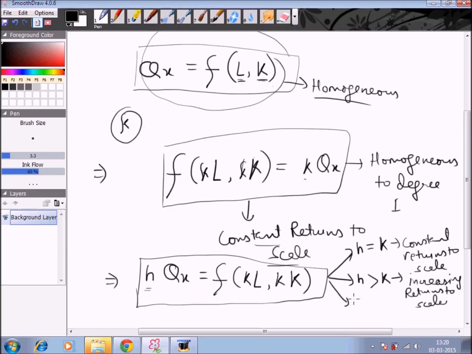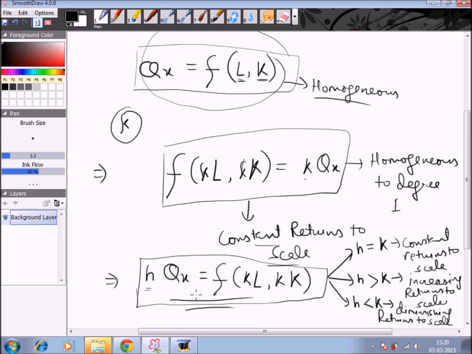And if small h is less than small k, then it means diminishing returns to scale, and this means that my output increases less than the increase in the proportion of inputs. So likewise, through the production function, we can also analyze the laws of returns to scale.